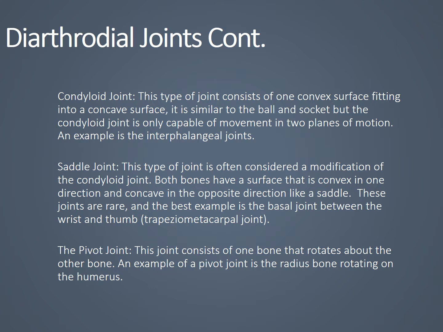Both bones have a surface that is convex in one direction and concave in the opposite direction, like a saddle. These joints are rare, but the best example is the basal joint between the wrist and the thumb. Pivot joint. This joint consists of one bone that rotates about the other bone. An example of a pivot joint is the radius bone rotating on the humerus.